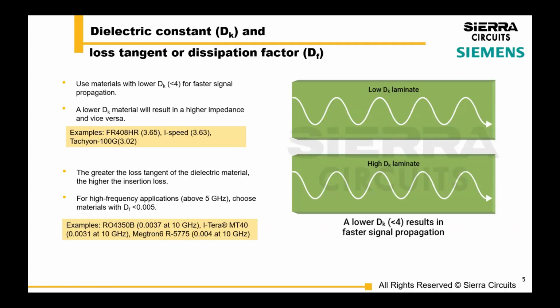So you want a Dk less than 4 for faster signal propagation. You want to really take a look at materials in this way if you have impedance requirements. And you also need to understand how the energy is flowing through the material, looking at the loss tangent of the material. So these are definitely important.